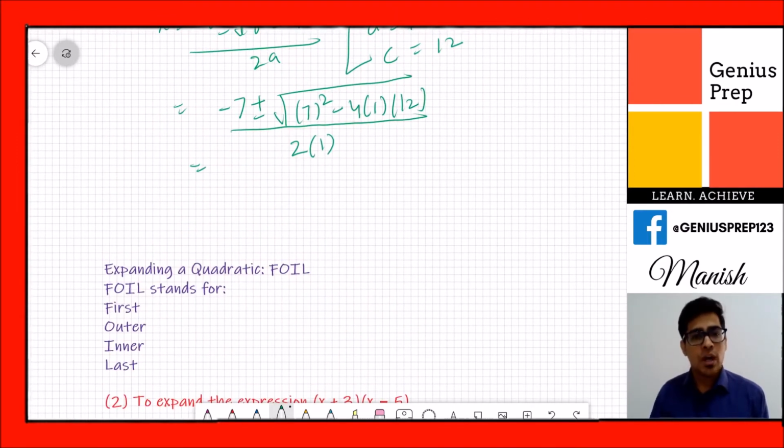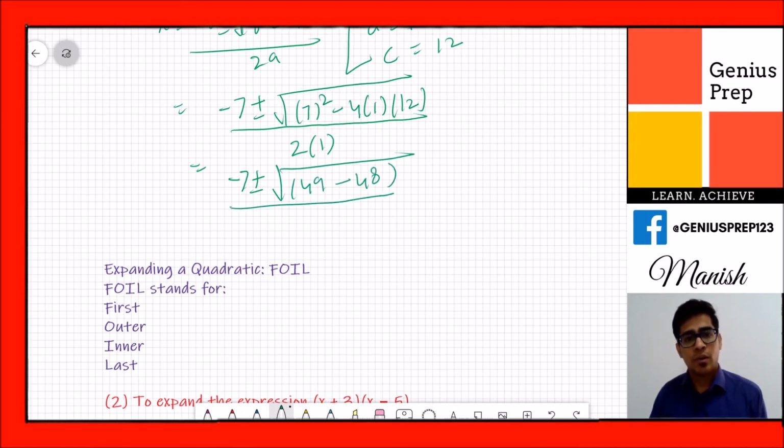Now minus 7 plus minus root of 49 minus 48, divided by 2. Again we solve this, so it's minus 7 plus minus 1 divided by 2. In this quadratic equation we have two values because we are removing the root.